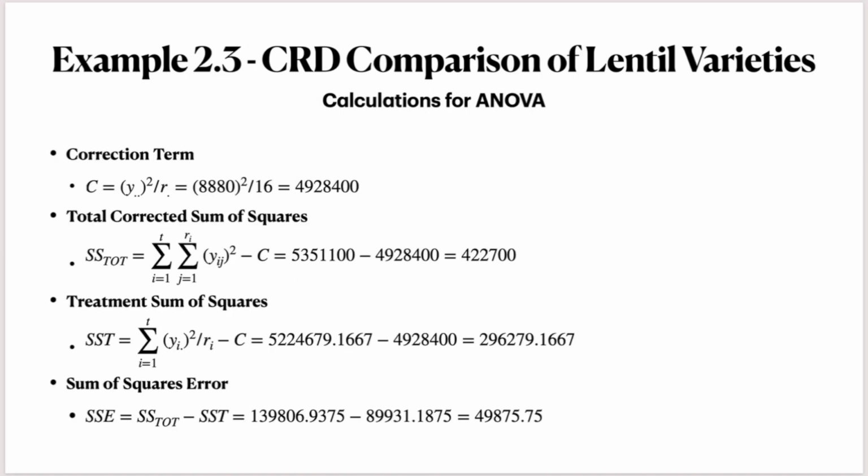Next, we need to calculate the summary statistics that we'll need for calculating the other quantities in the ANOVA. The first term we need is the correction term. Again, that is equal to the square of the total response over the overall samples divided by the total number of replications, or the total sample size.